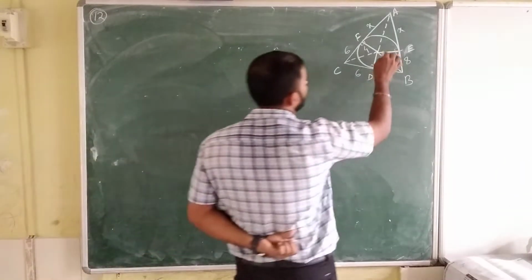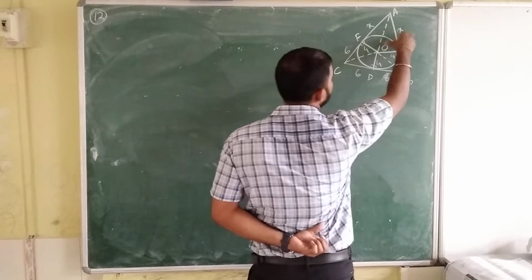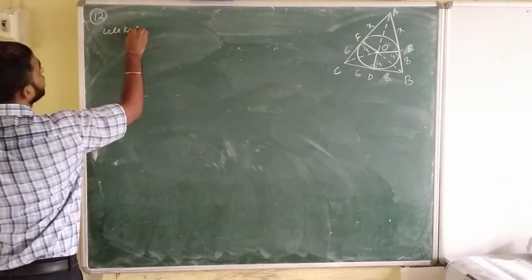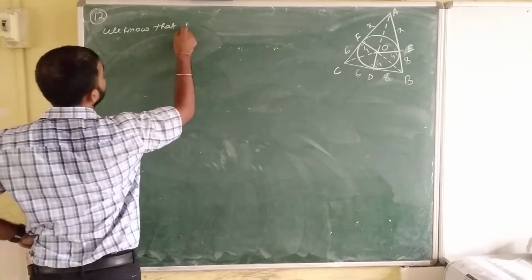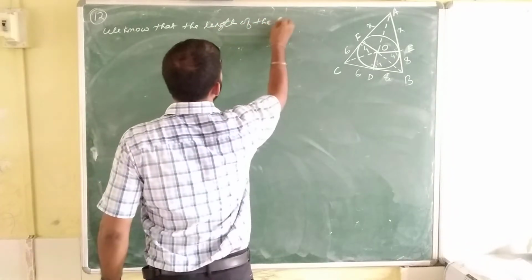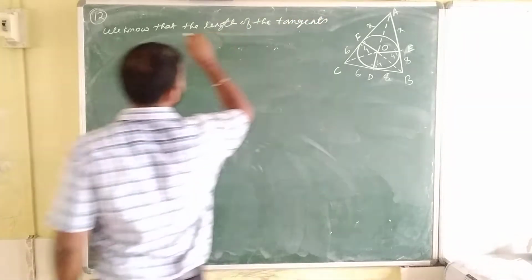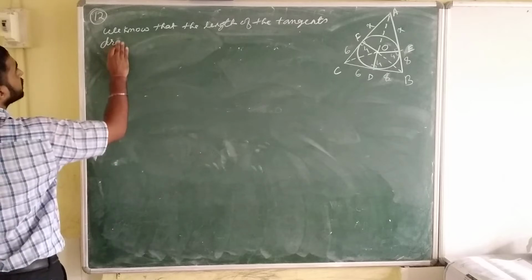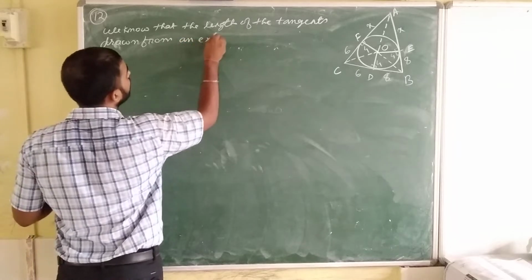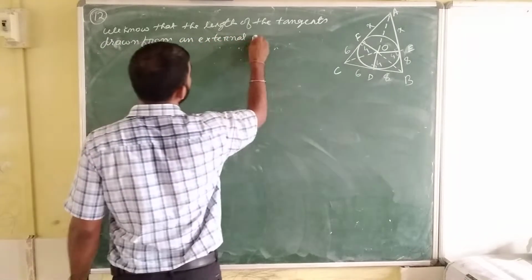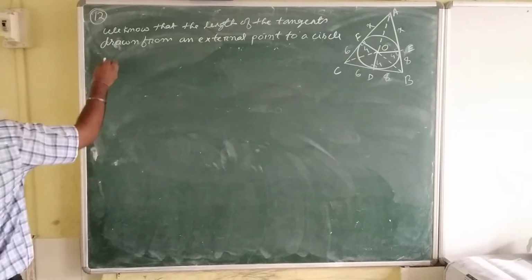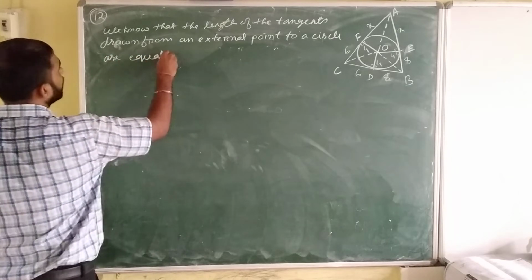Okay, now the center is O. The center is O. We know that the length of tangents drawn from an external point to a circle are equal.